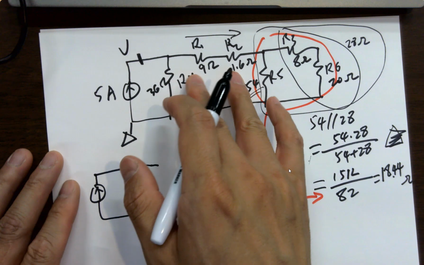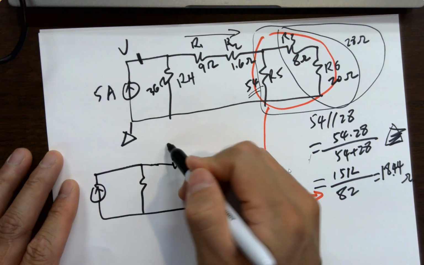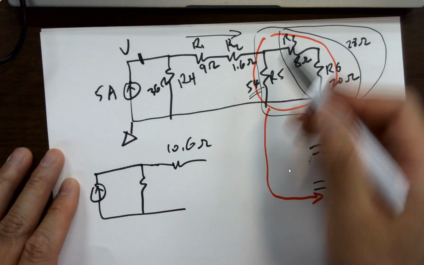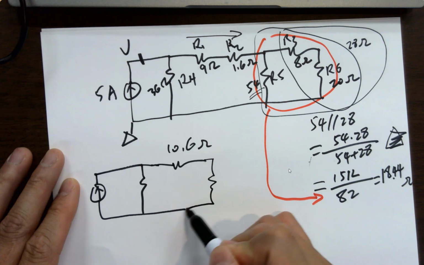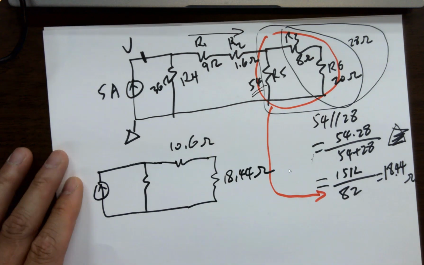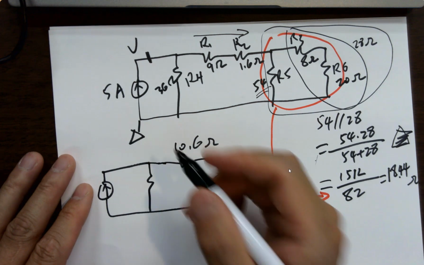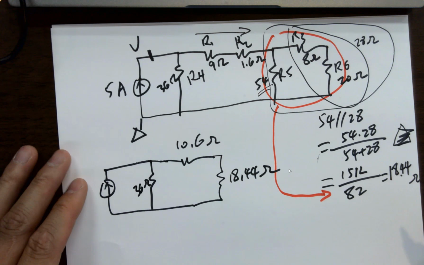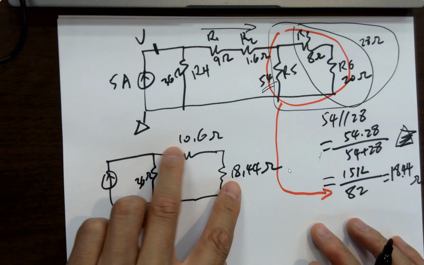It's 10.6, right? And replace the whole box with one resistor, 18.44 ohms. And this is 36 ohms. You can find out in series.